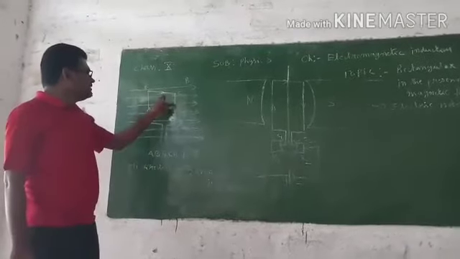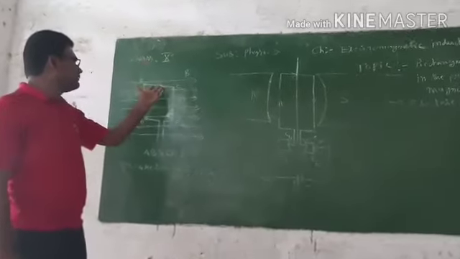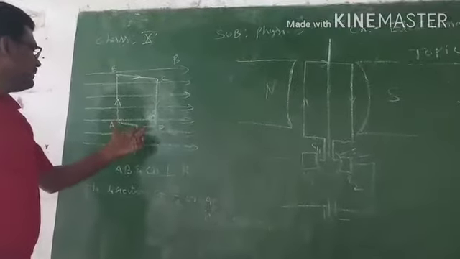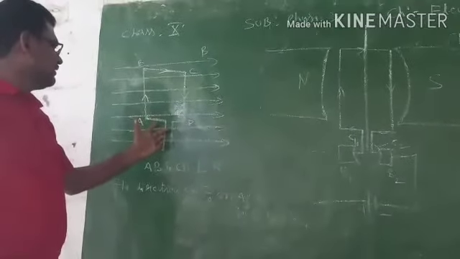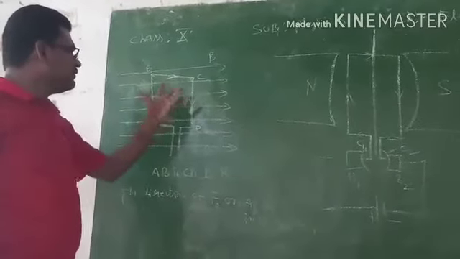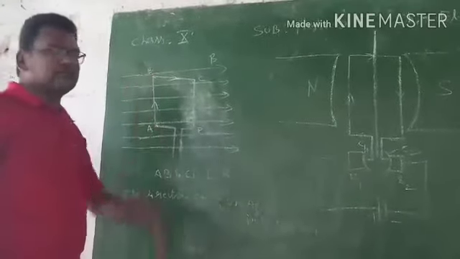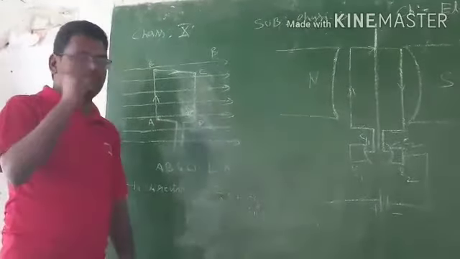Okay, on BC the direction of magnetic force is out of the plane, and on DA the direction of magnetic force is into the plane. So because of these forces, the rectangular wire rotates.